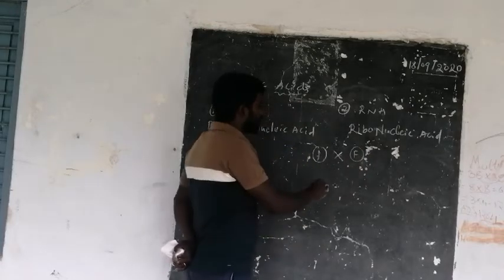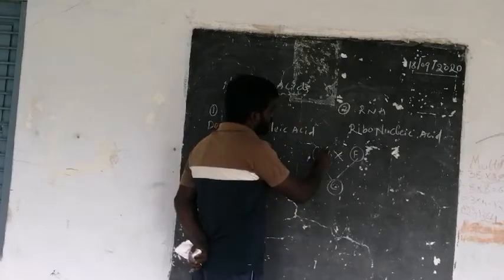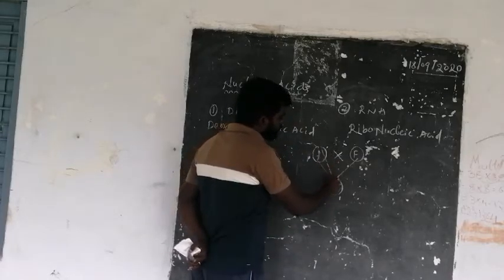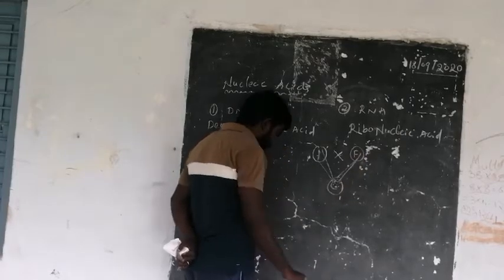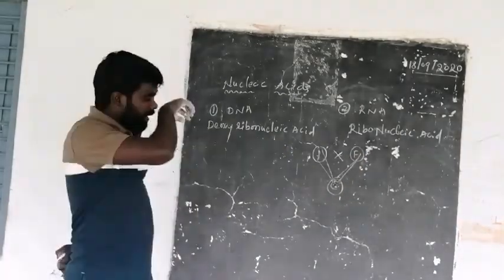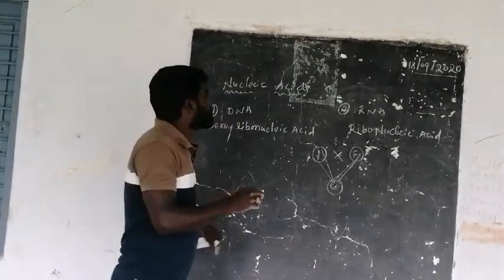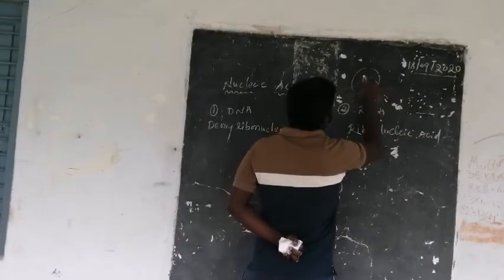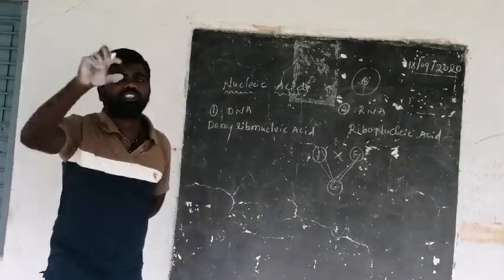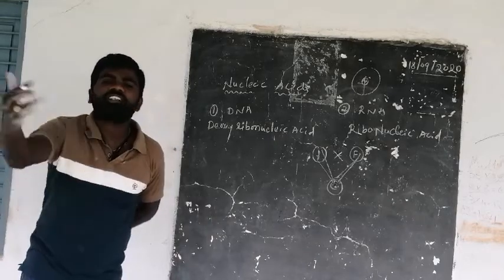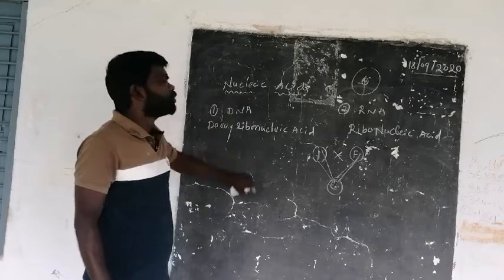They are crossed to give children, and the genetic information from each parent is transported to the children. The genetic information is stored in the nucleus of the cell, and it is transported to the next generations. And this genetic material is nothing but nucleic acid.